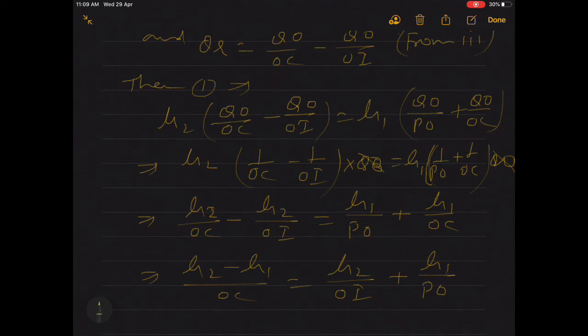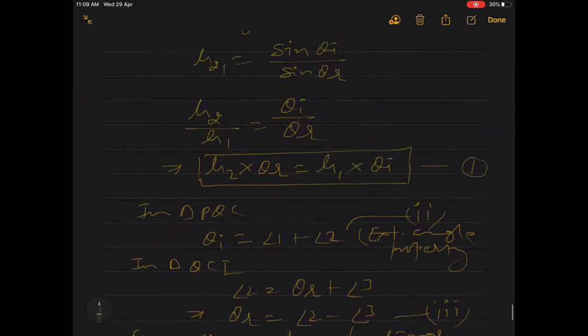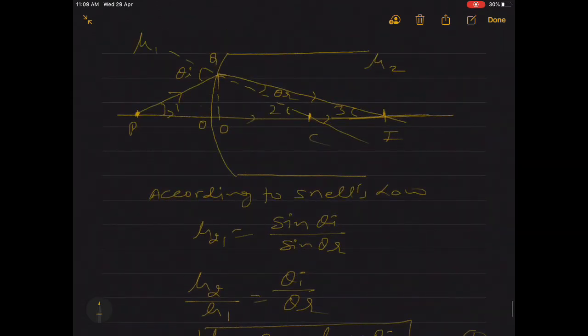Now if we replace for the distances, you can see from the diagram this OC is equal to R, radius of curvature, this OI is v, and this PO is u.